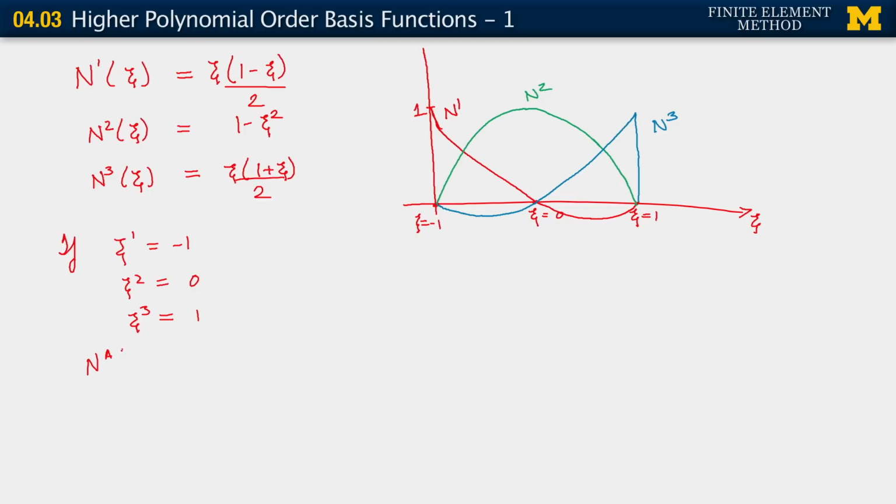NA evaluated at CB equals delta AB, the same Kronecker delta property that our linear basis functions possess.